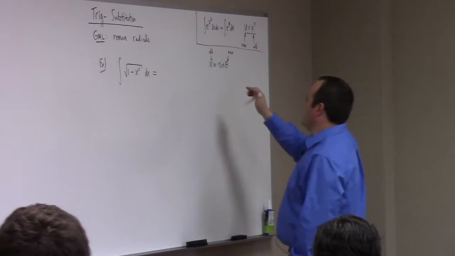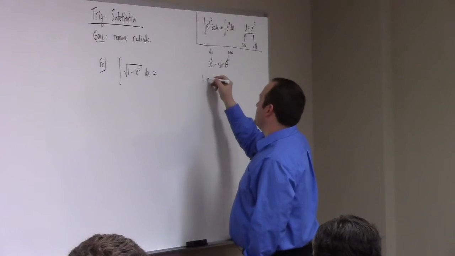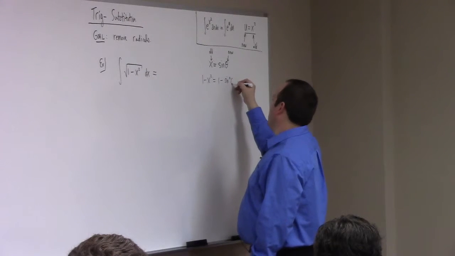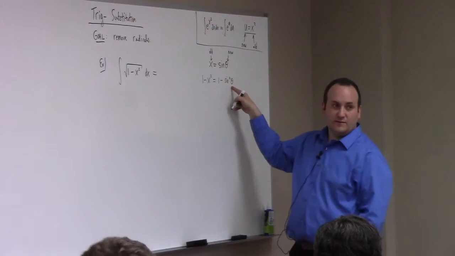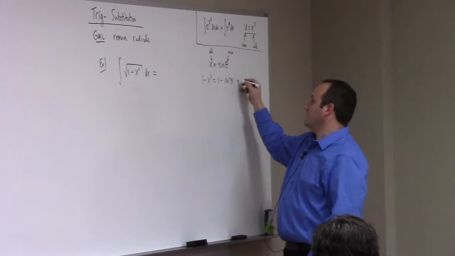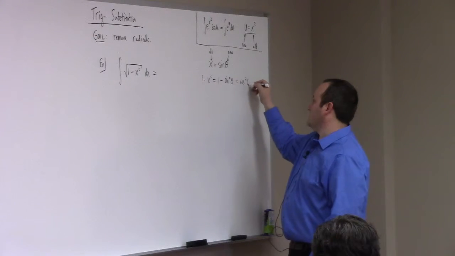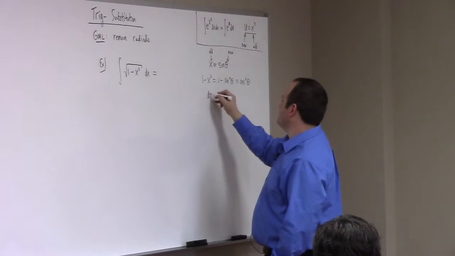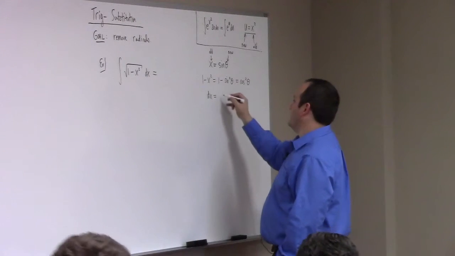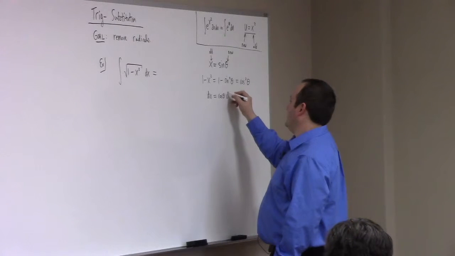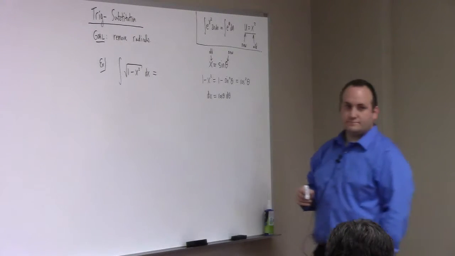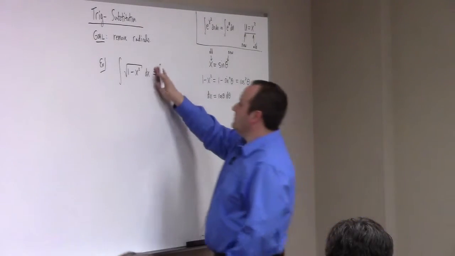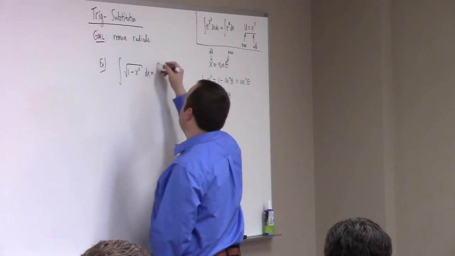Now, why do we do this? Well, what's 1 minus x squared if I make this substitution? Yeah, 1 minus sine squared theta, which is cosine squared theta. Which is pretty nice. What's dx? It's cosine theta d theta. So you make these substitutions. Over here, what do you get?